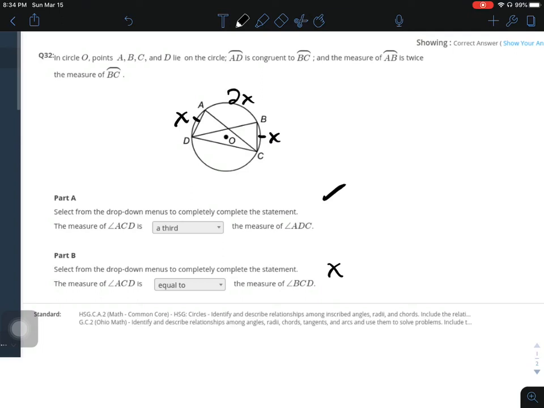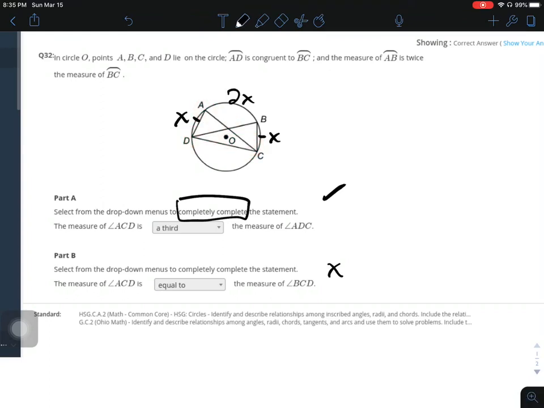Select from the drop-down menus to complete the statement. That's laughable. The measure of angle ACD, that's that angle right there, is what relationship to ADC?